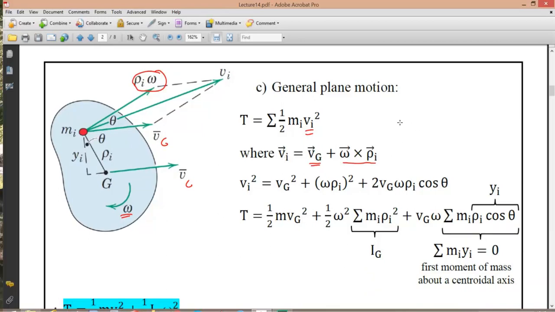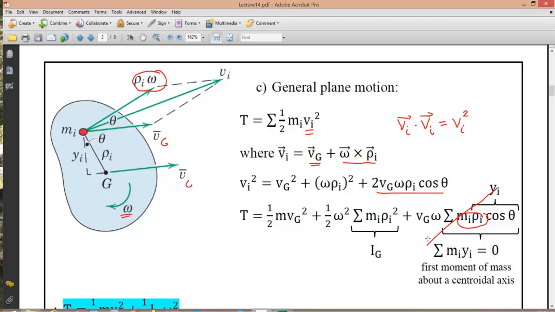Now we need to take the square of that. That means dot product of Vi times Vi, by the way, so that you will get the square. Remember that in the dot product of vectors you will get the scalar, right? This is a scalar, Vi squared. And if you work out this equation, now the last term here is actually the first moment about the mass center, and that is equal to 0.